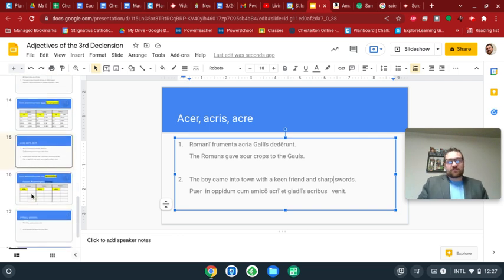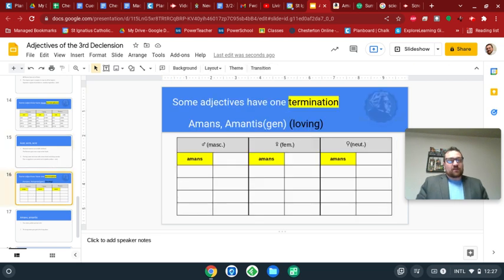Okay, there's an adjective of three terminations. We're going to switch to adjectives of just one termination. And typically in the dictionary form, since there's only one termination, it's going to show two parts, but instead of those two parts being two different things to show up in the yellow, it's actually going to give you the genitive.